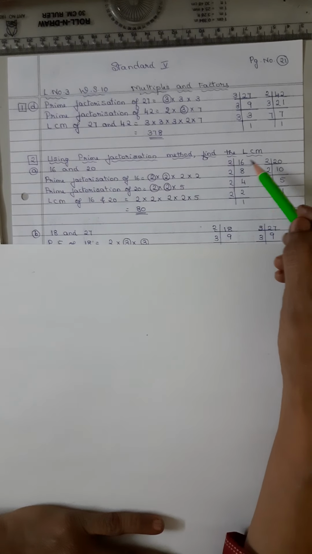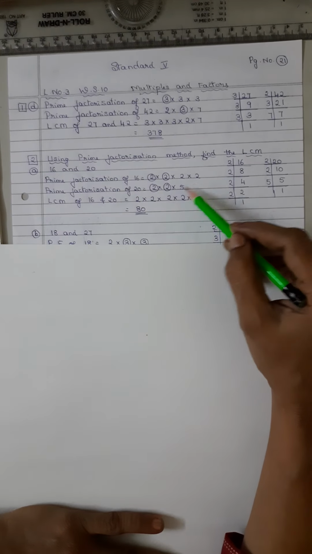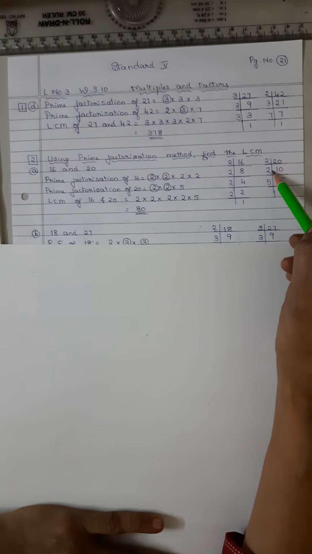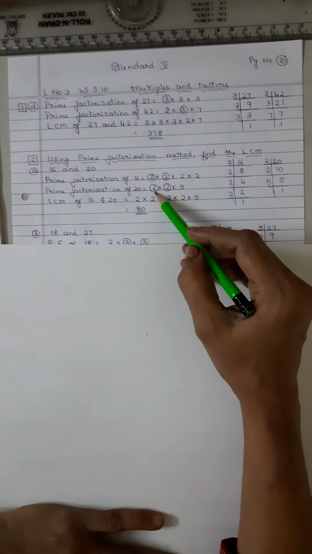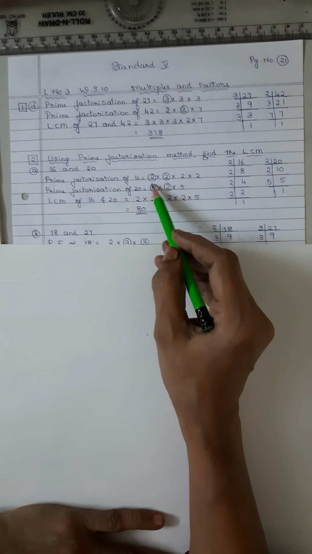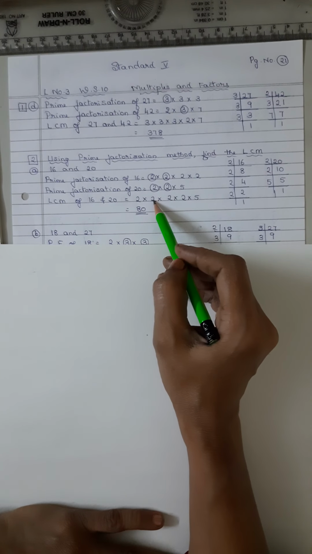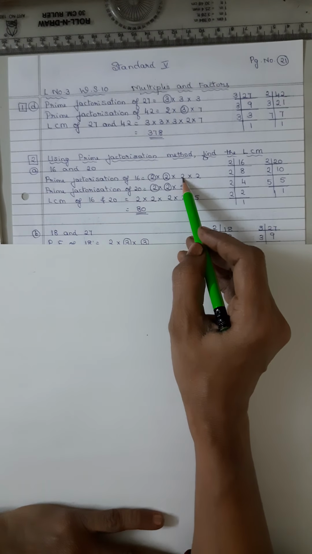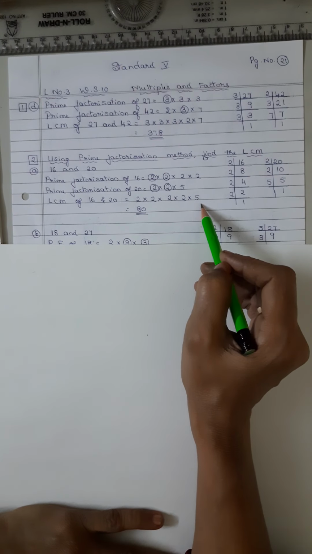Write everything. 2 into 2 into 2 into 2. Count how many times? 4 times. Here 2 into 2 into 5. Now what are common? 2, 2 times. Right. So circle the common ones and write one time. Here again 2 is common. Write one time. Here 2 and 2. And here it is 5.